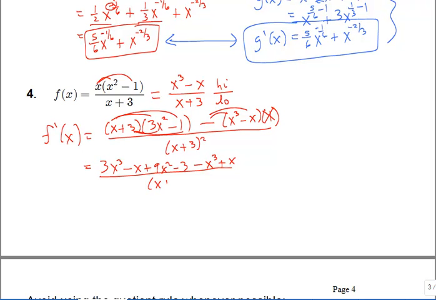Remember, you don't need to bother foiling out the denominator, just the numerator, because that's where the terms are going to combine or simplify. So 3x cubed minus an x cubed is 2x cubed. We get a minus x and a plus x canceling out, and we have that plus 9x squared, and then we have that minus 3 on the end. So we have our final answer right here.